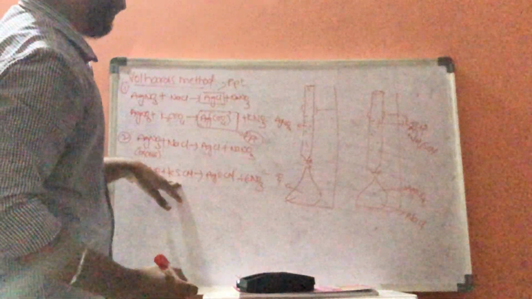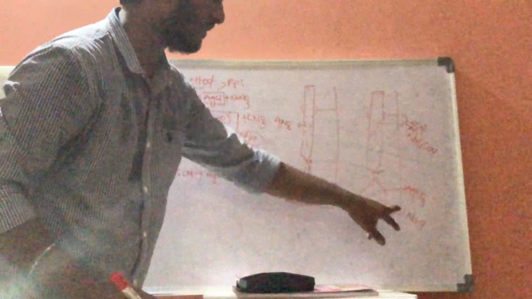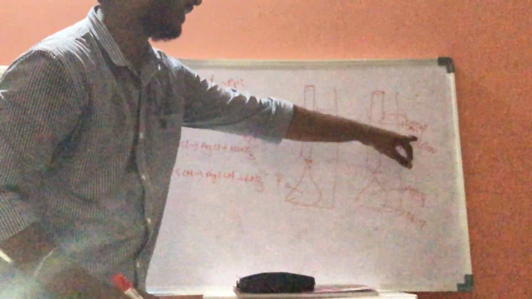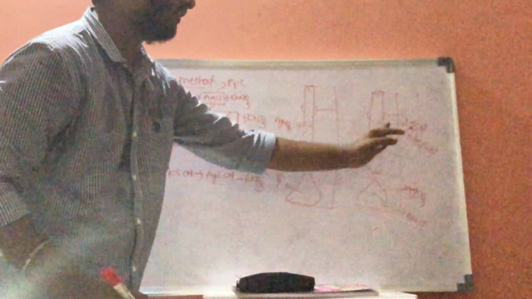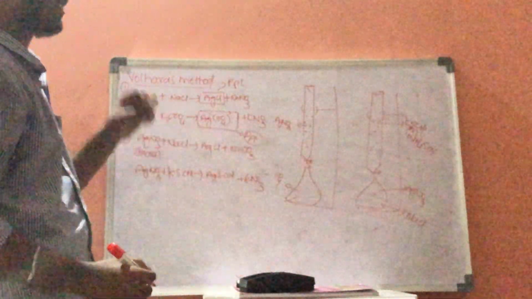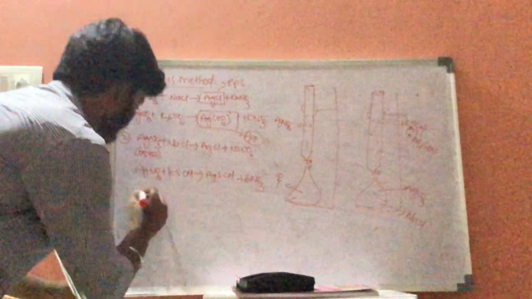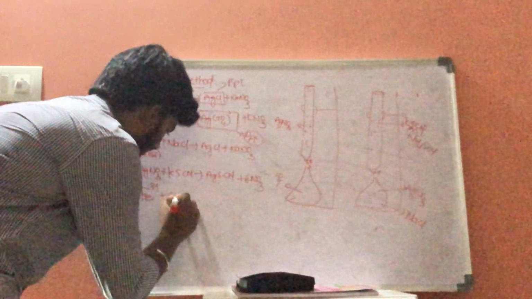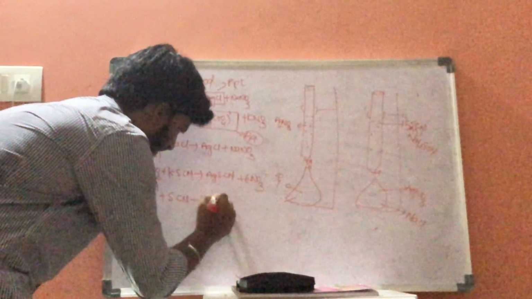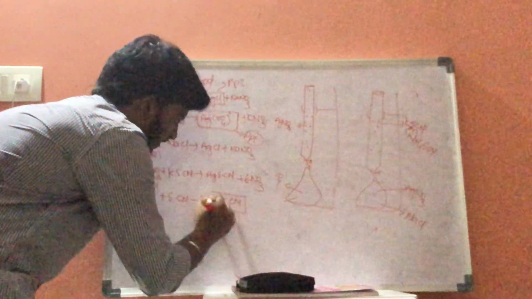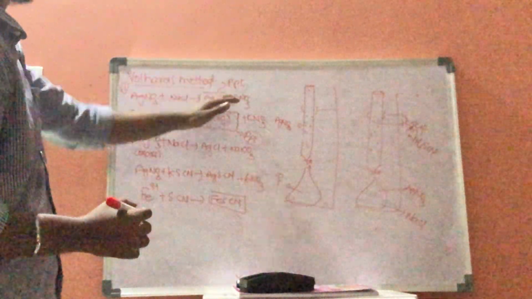The silver nitrate, which is in excess after reacting with sodium chloride, will react with thiocyanate present in the burette to form silver thiocyanate, and in the final step ferric ion will react with thiocyanate to form FeSCN. This is the final product of Volhard's method.